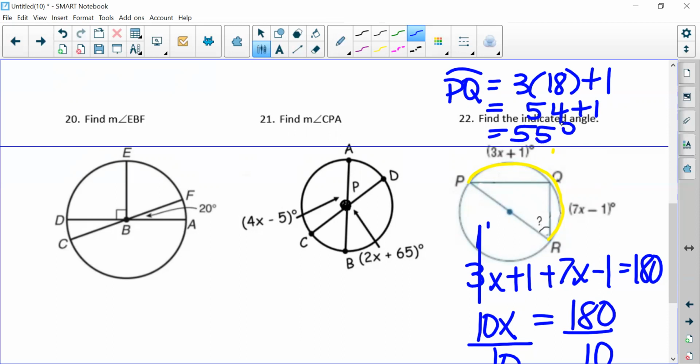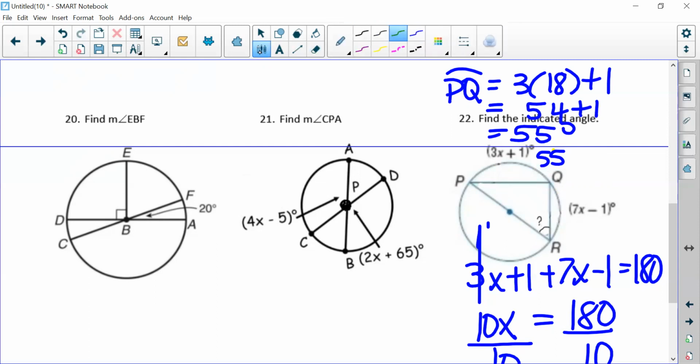So now we know that the measure of arc PQ is 55, okay? We know that the measure of arc PQ is 55, but that's still not what we're trying to answer. They ask us to find the measure of angle R, okay?